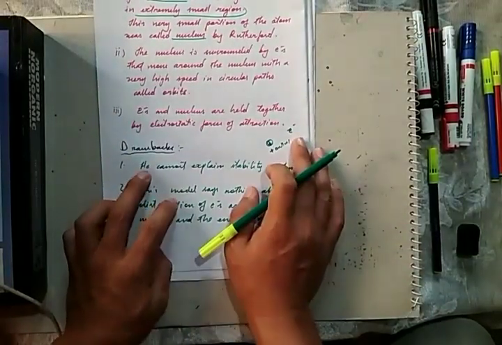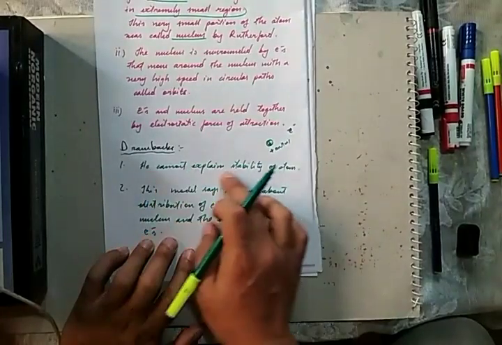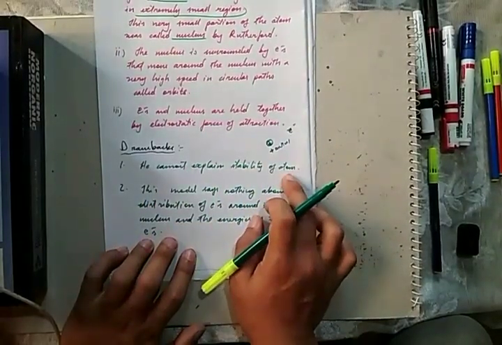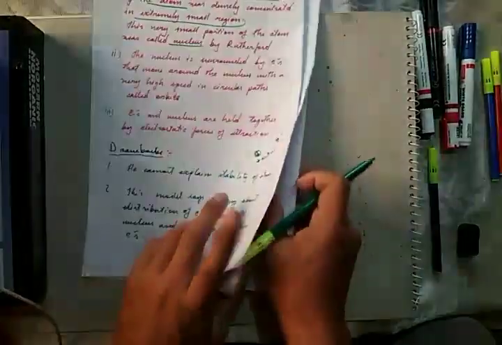So these are the drawbacks of the Rutherford model. It cannot explain the stability of the atom. We'll come to why he could not explain the stability of the atom.